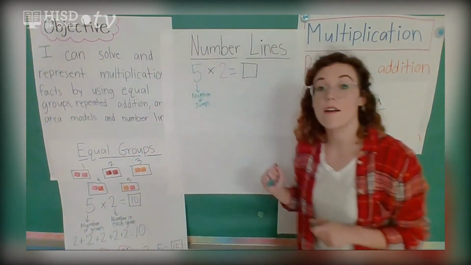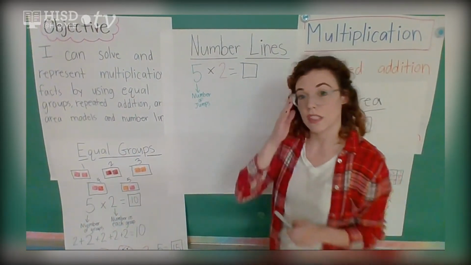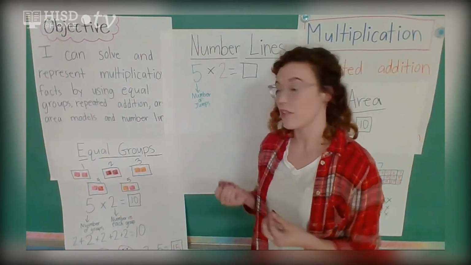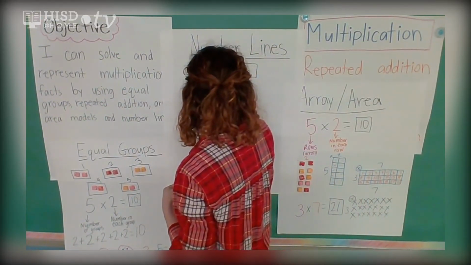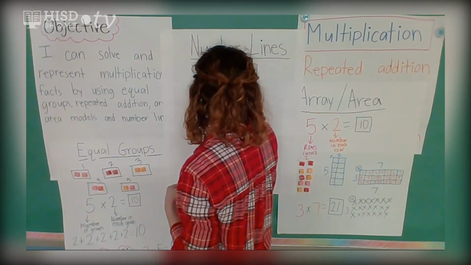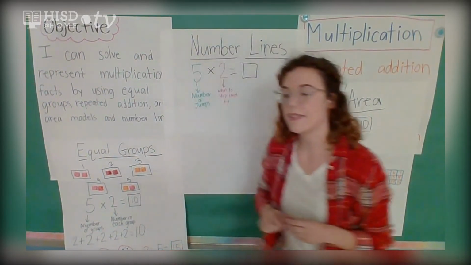The number of jumps. The 2 stands for what I'm skip counting by on the number line. What to skip count by.